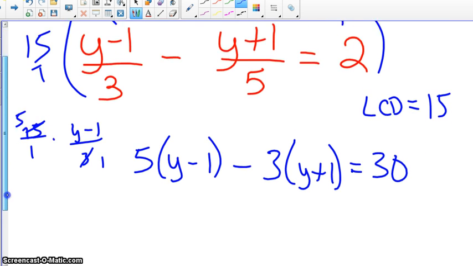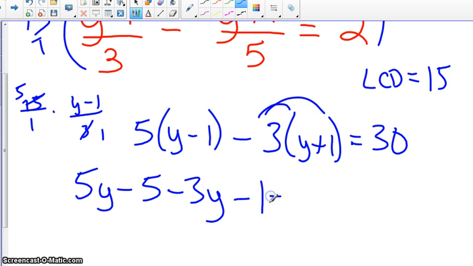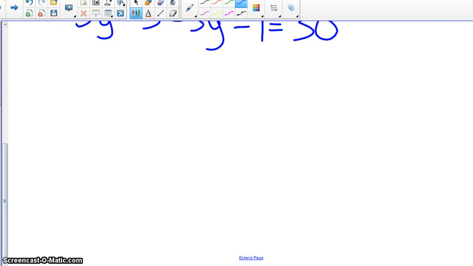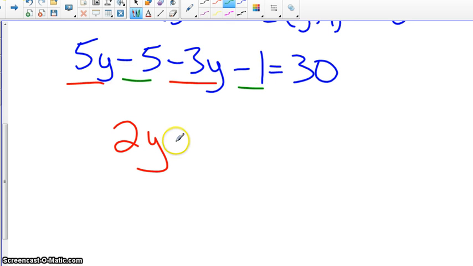So I'm going to multiply that out. What do I get? 5y minus 5 minus 3y. This is a negative 3 here, I've got to remember. I'm distributing here. Okay, negative 3y minus 1 equals 30. Right? And combine my like terms. So 5y and negative 3y is going to be 2y, and negative 5 and negative 1 would be negative 6 equals 30.